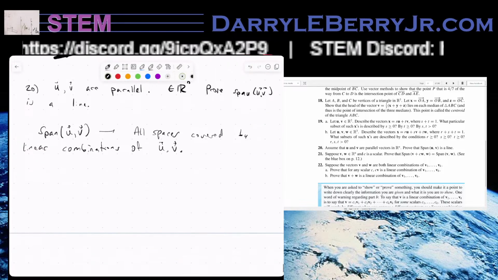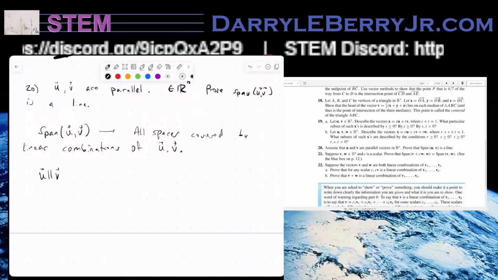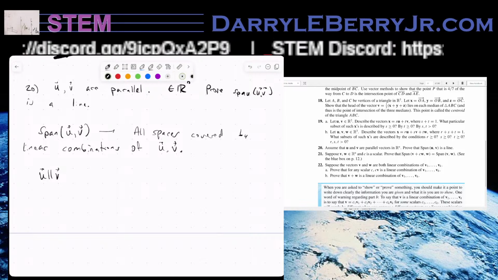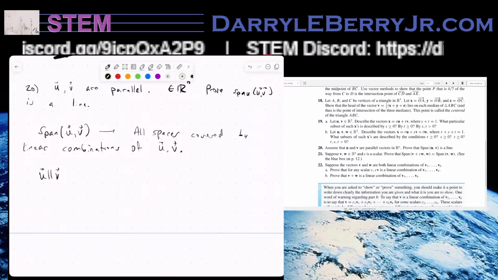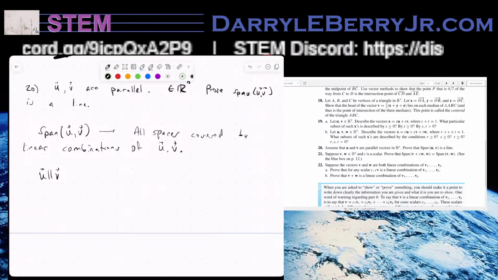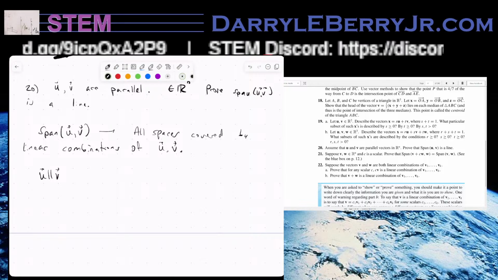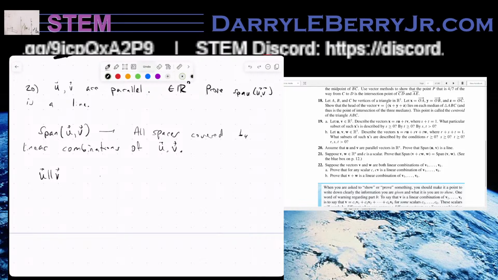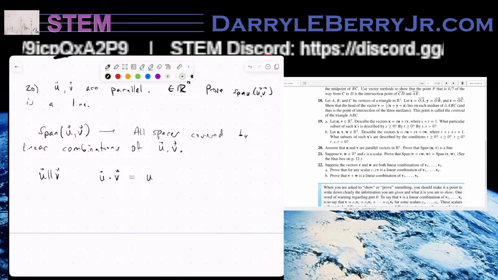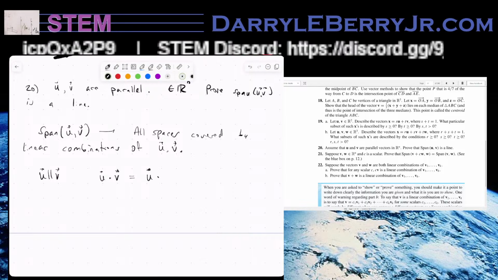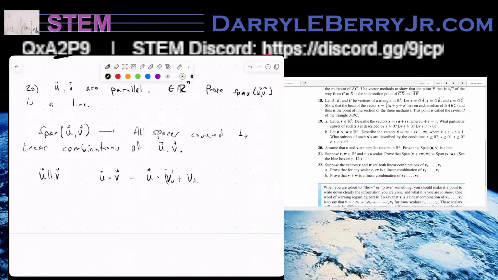Now, since u and v are parallel, we can say u is parallel to v. That means they're going in the same direction. So for instance, utilizing our previous idea of u dot v, let's say that equals u dot the v that's parallel to u plus the v that's perpendicular to u.